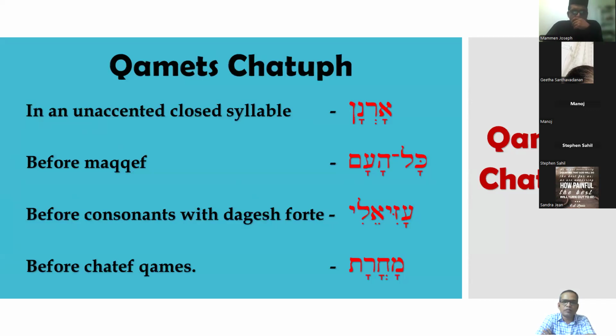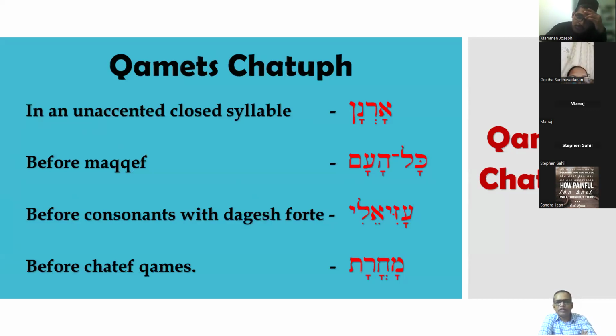Now, since it is placed with makaf, the long vowel has been shortened to kamets hatuf, which is an O class vowel. So the first point is, if you see a kamets in an unaccented closed syllable, it is kamets hatuf. If you see a kamets before makaf, it is a kamets hatuf.